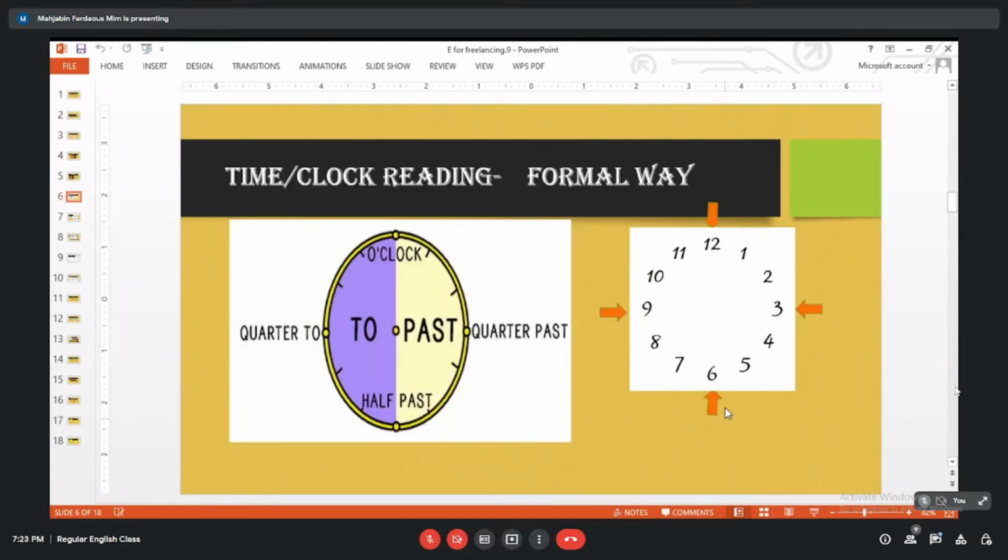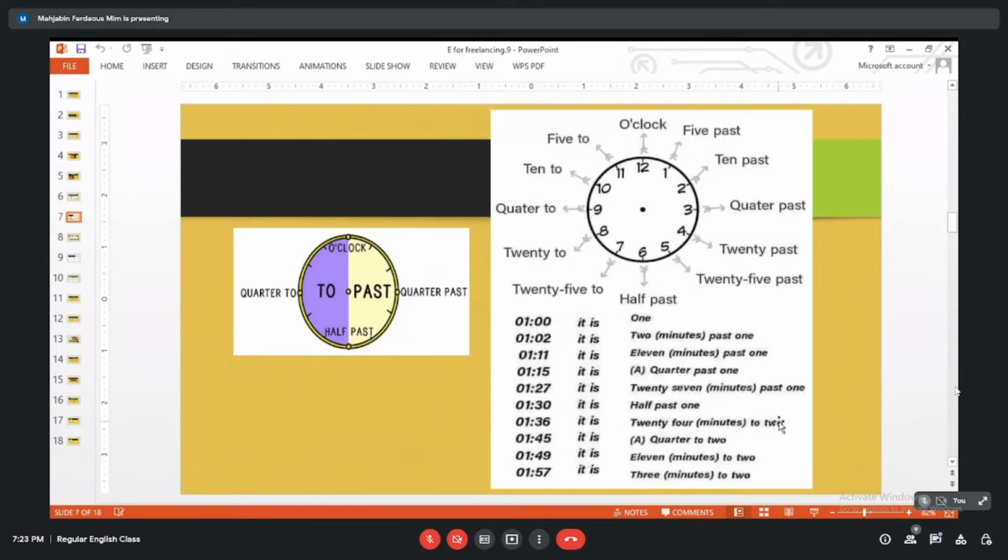Okay, we had learned about how you will speak when shown a whole clock, where the left portion is the 'to' based part and the right portion is the 'past' based part. Just try to recall the whole thing.